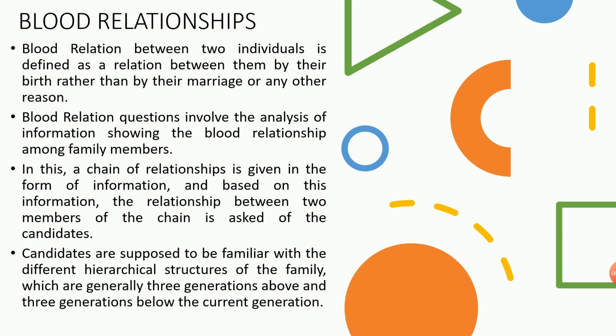First, what is a blood relationship? For namesake, I have to give an explanation, so please bear with me. A blood relation between two individuals is defined as a relation between them by their birth rather than by their marriage or any other reason.